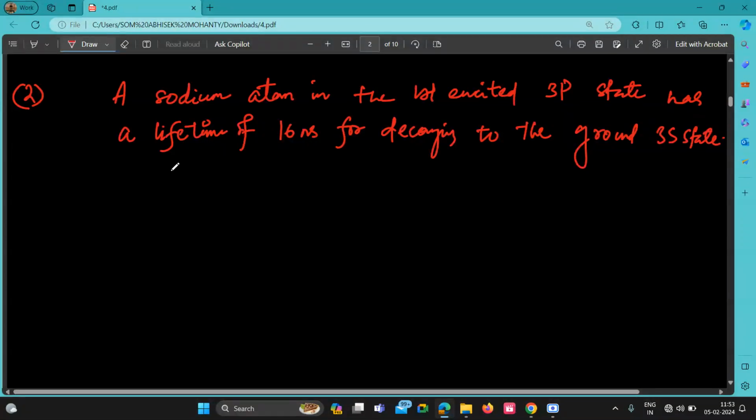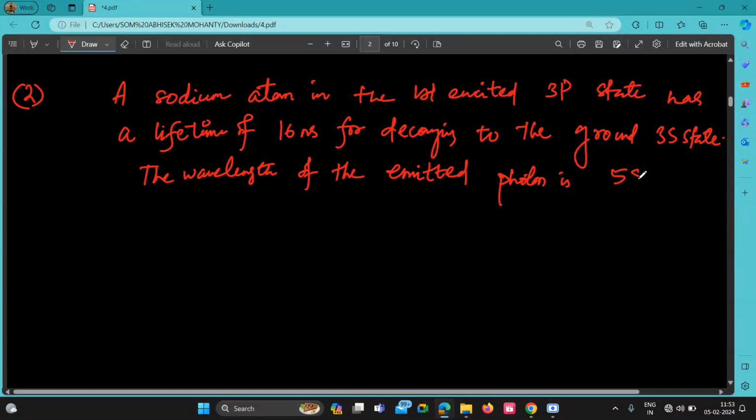The wavelength of the emitted photon is 589 nanometer.